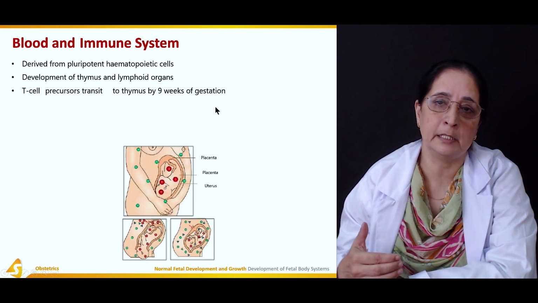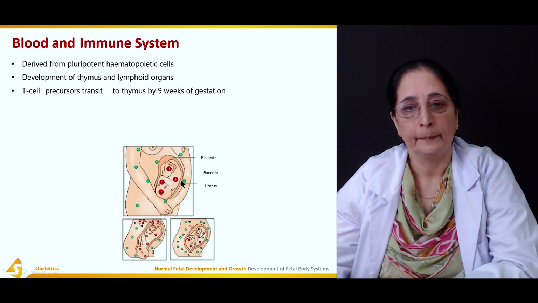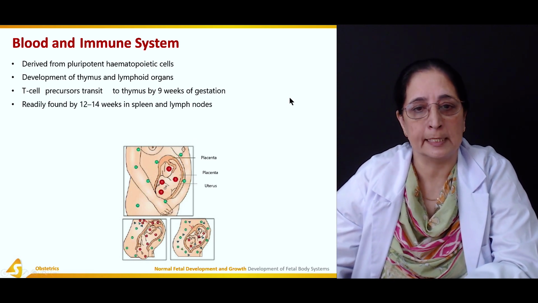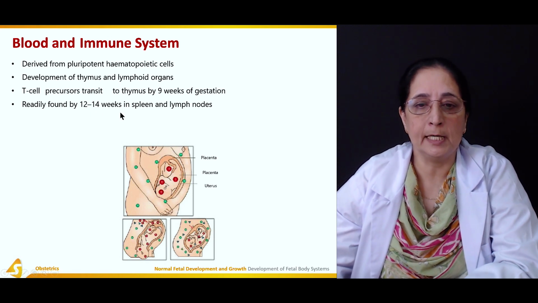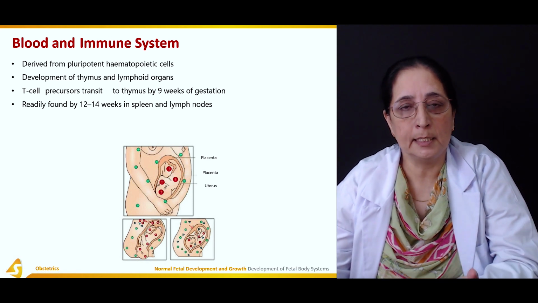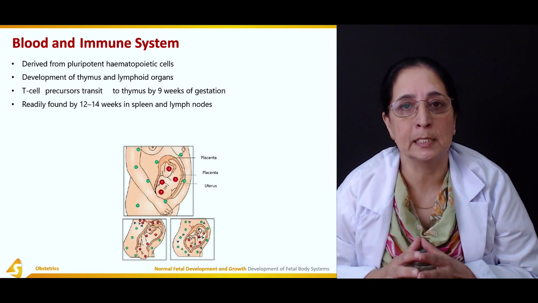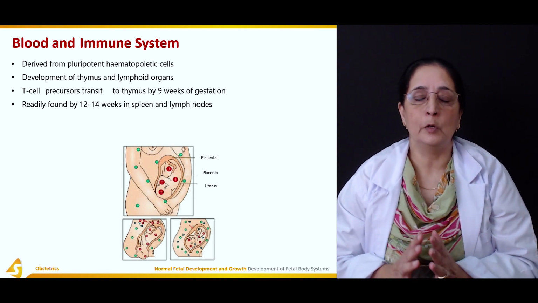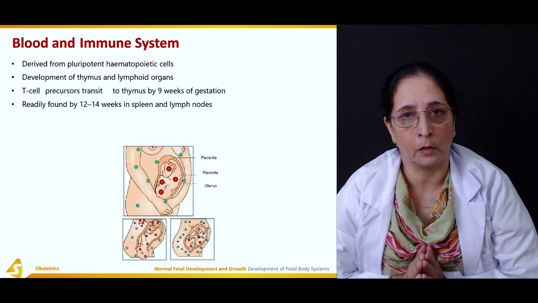The immune system starts developing pretty early in the fetus. T cells are readily found by 12 to 14 weeks in the spleen and lymph nodes. Both the spleen and lymph nodes are lymphoid organs.